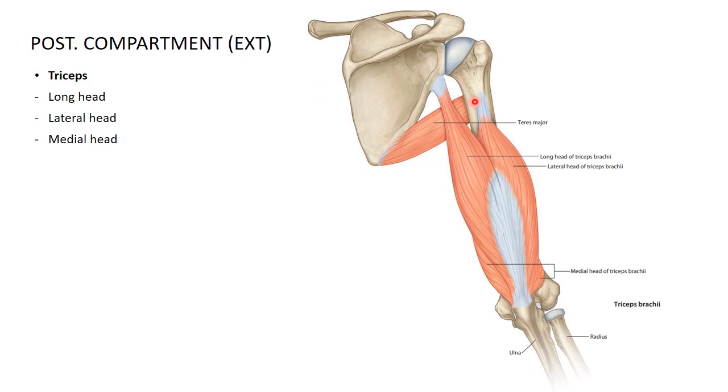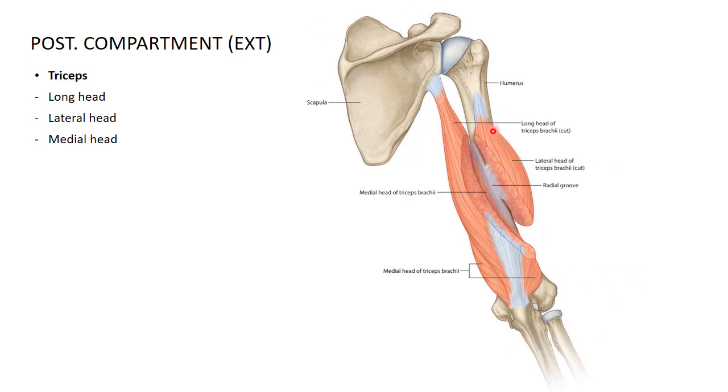It crosses with the teres major and teres minor, forming, if you remember, the triangular and quadrangular spaces, and it also crosses with the teres major and the humerus to form the triangular interval. Through this interval pass the profunda brachii artery and the radial nerve, the contents of the interval. This is the long head.